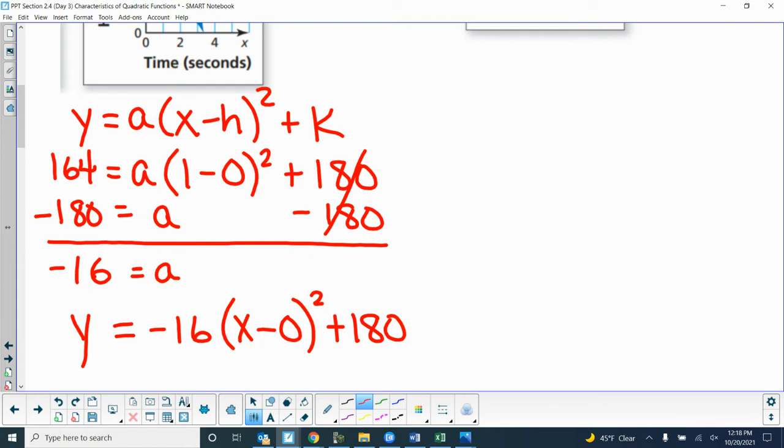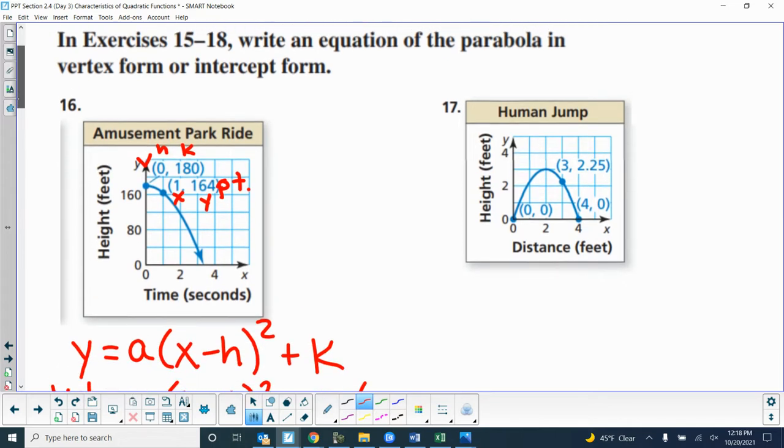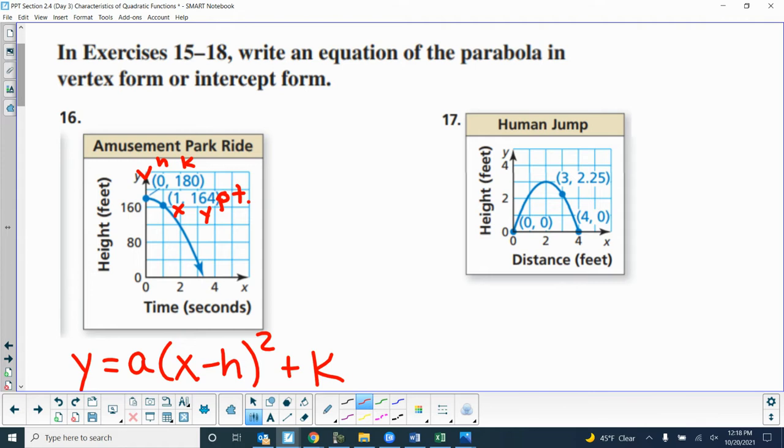Anything else question-wise? A lot of you were asking me about that one when I walked around, so I just thought I'd do it. All right, we're good for number, what number was that? 17? They gave us the x-intercepts on this one. So do this one. I'll just write the equation.